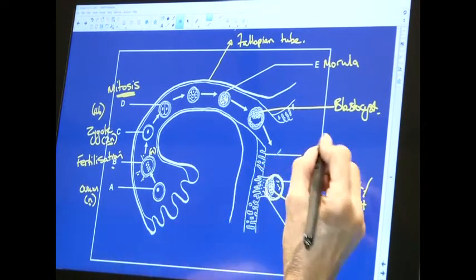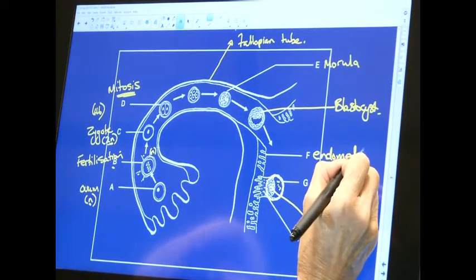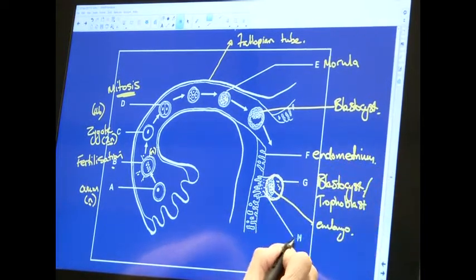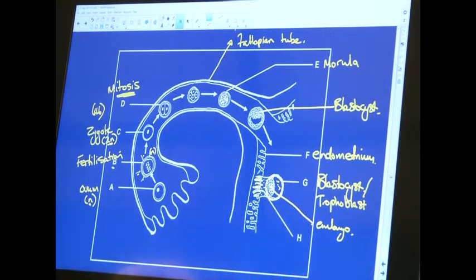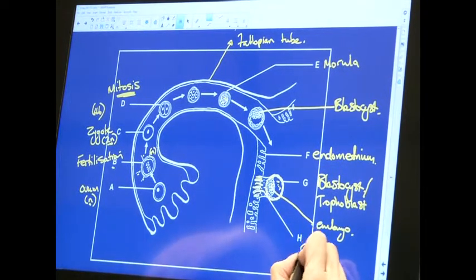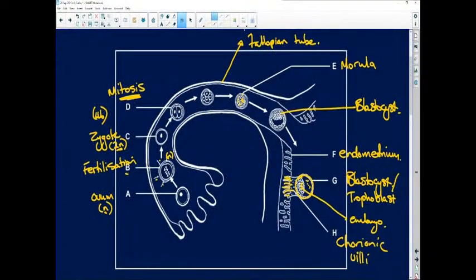So F is clearly the endometrium, and H, see these little structures? They are your chorionic villi. And what do they do?